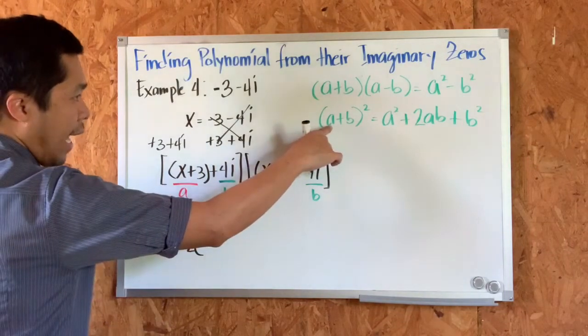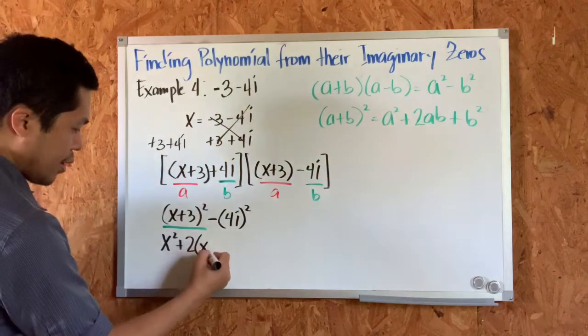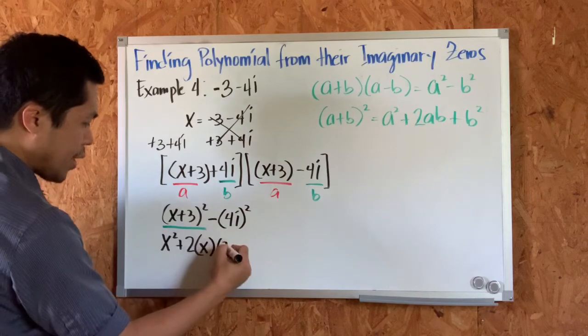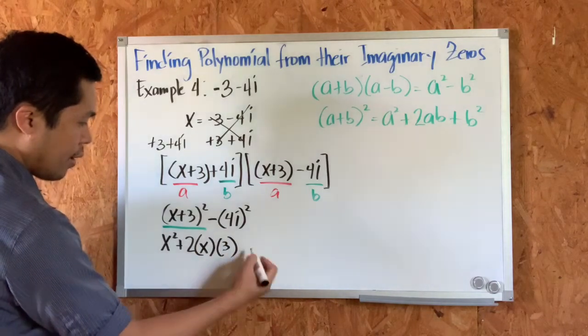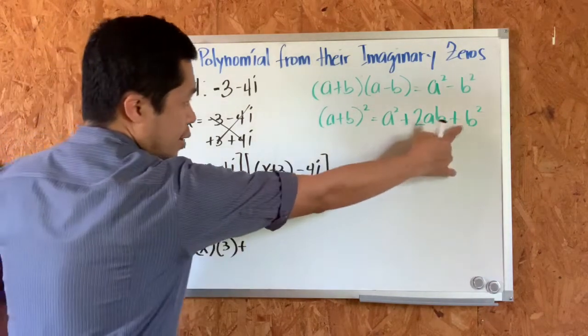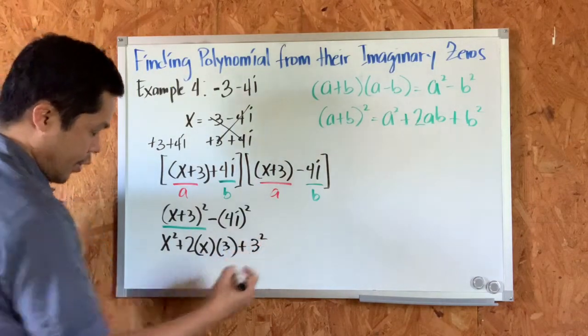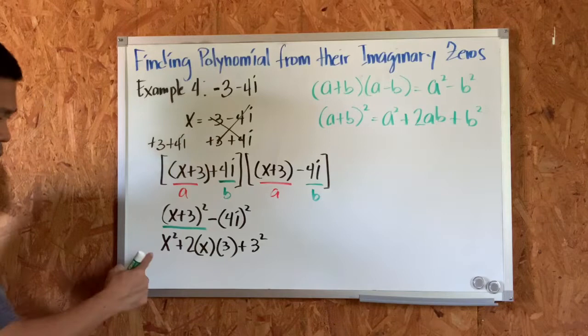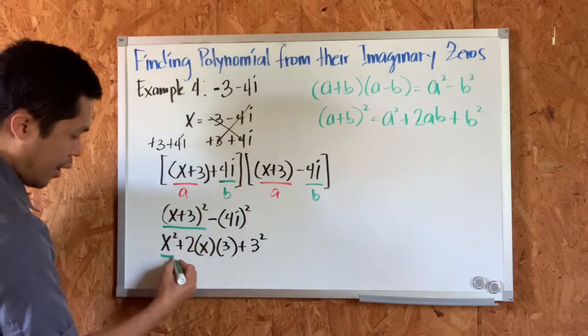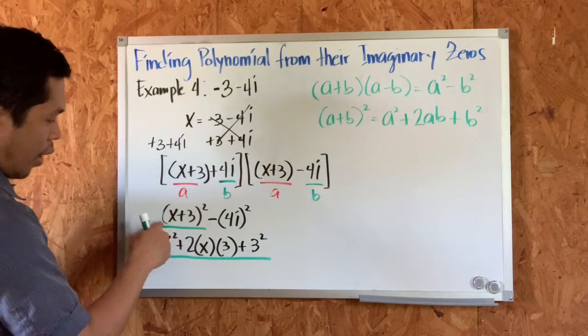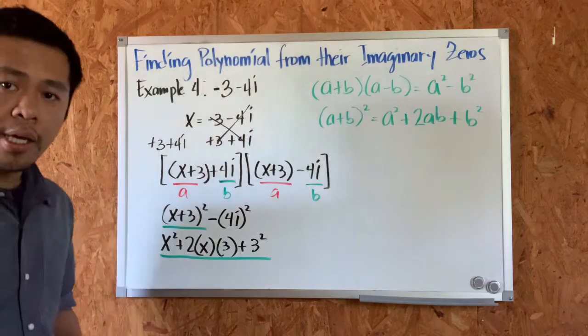Our a is x, our b is 3, plus b squared, our b here is 3, so that's 3 squared. So all of this is just the quantity x plus 3 squared.